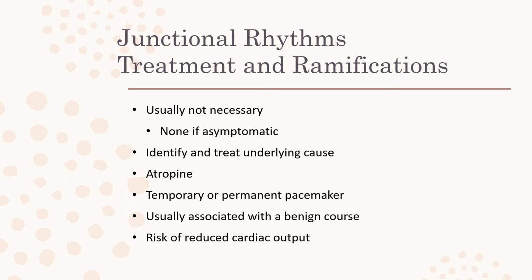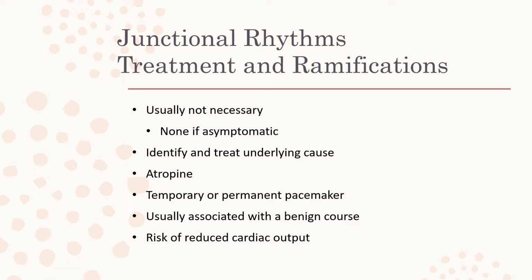You need to fix electrolyte imbalances. You may need atropine if the patient has a heart rate that is really slow and they're symptomatic. You may need a temporary or permanent pacemaker, but in general, junctional rhythms are usually associated with a benign course.